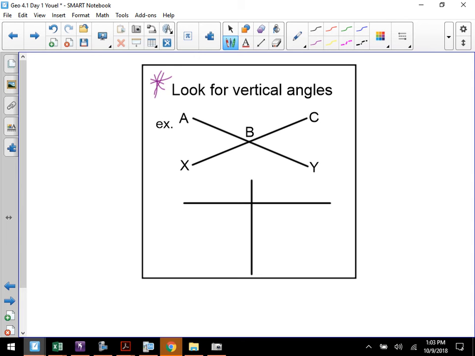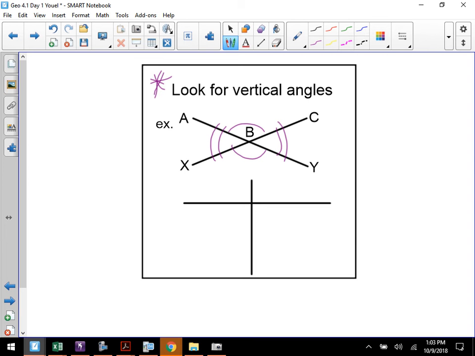So from a diagram, if I ever see vertical angles, I can mark them as congruent. Now, when two lines intersect, we know that this set of angles would be congruent and this set of angles would be congruent. Everybody okay with that? Those two sets aren't necessarily congruent to each other. They're just two sets of congruent angles.